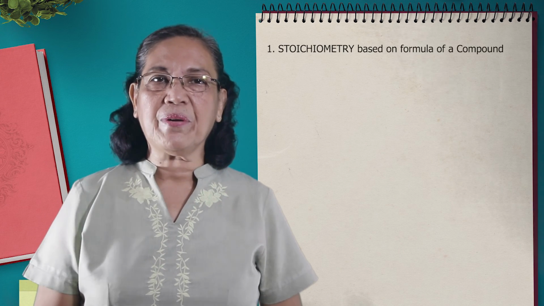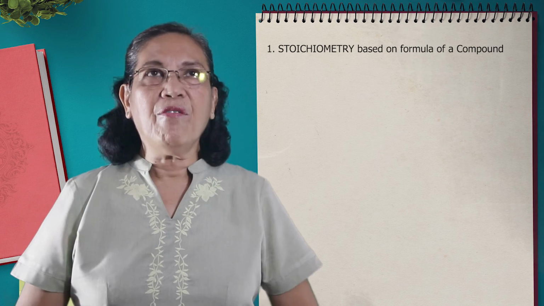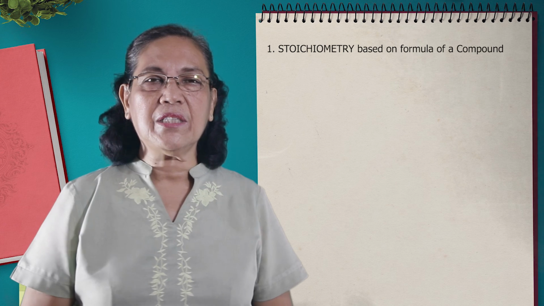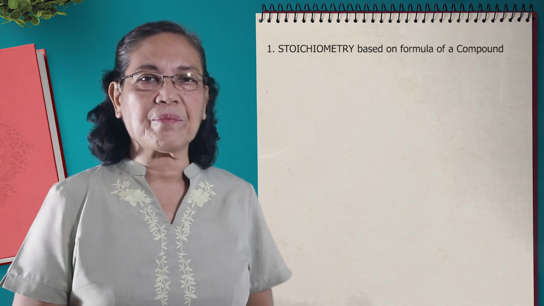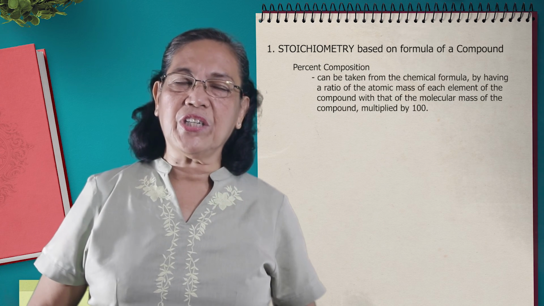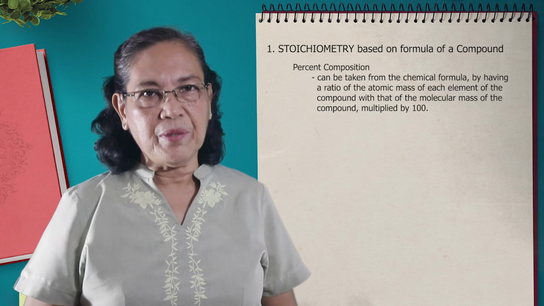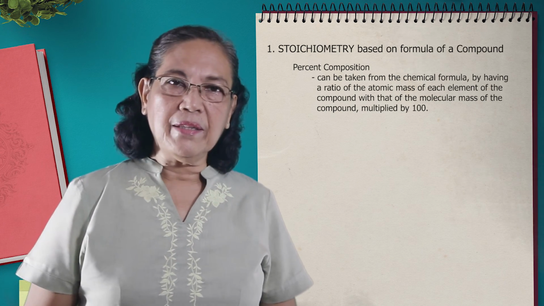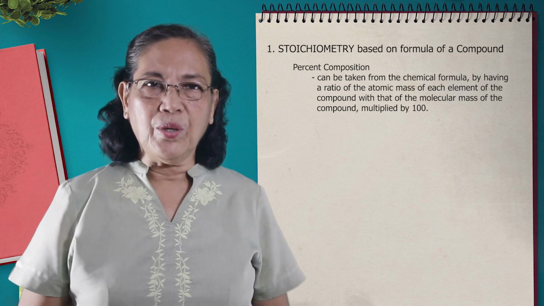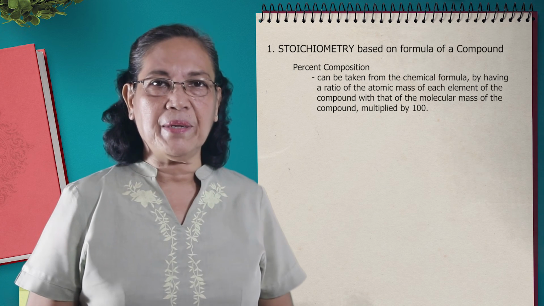Now, let's have first the stoichiometry based on the formula of the compound. For the stoichiometry based on the chemical formula of the compound, we have the percent composition. Now, percent composition is the determination of the individual components of the compound, meaning we are going to determine the percent composition of the individual components or the elements composing the compound.